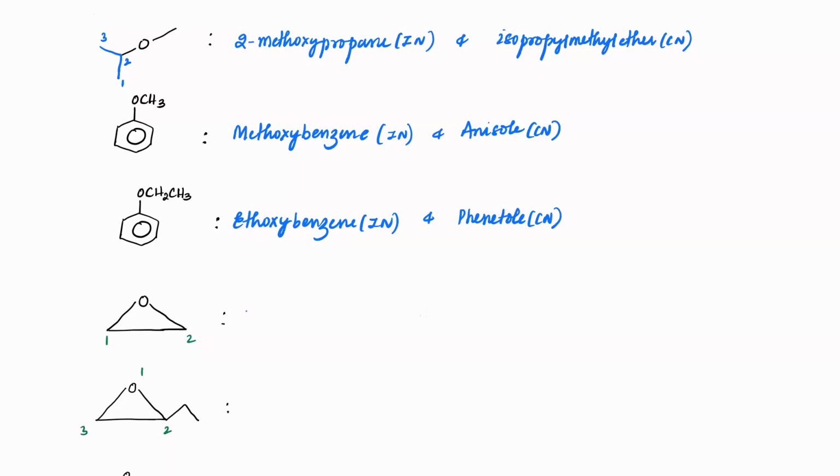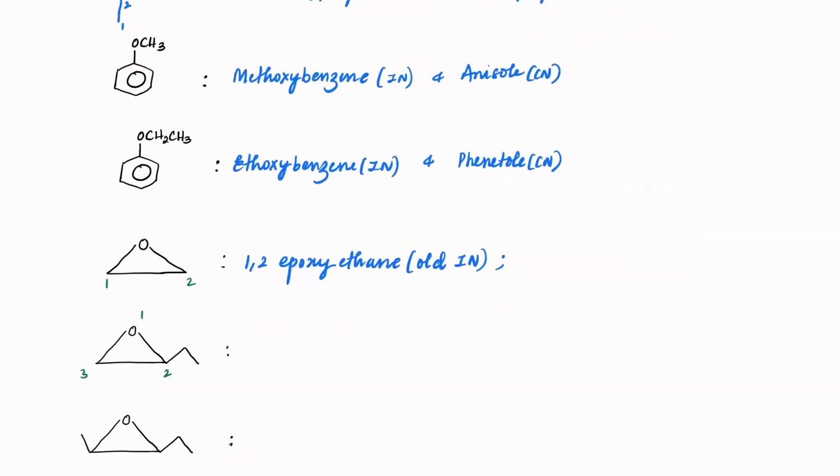Next one, if you notice, we have 1, 2 positions to which there is an oxygen connection. So it is called 1, 2 epoxy ethane, correct? This is generally used in the old IUPAC name, while the new IUPAC name is based on the ring.